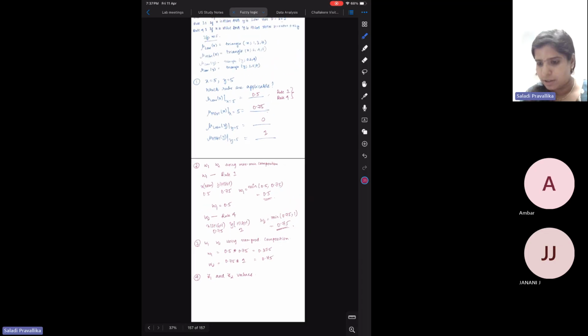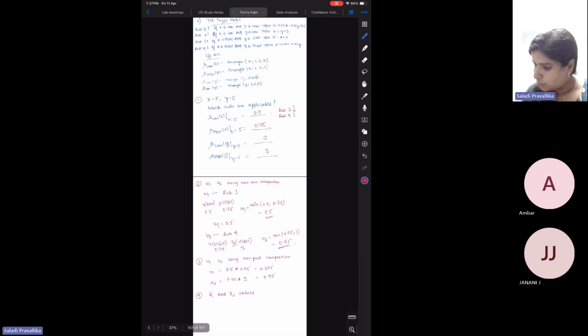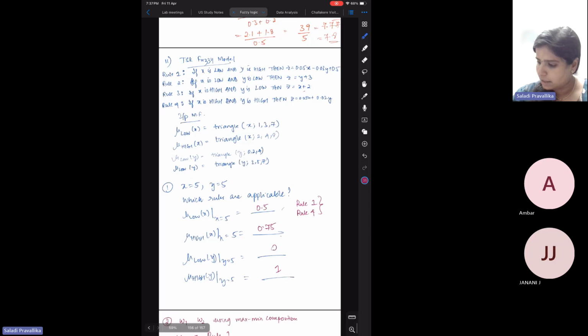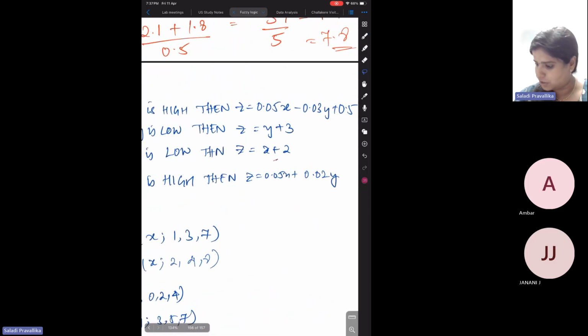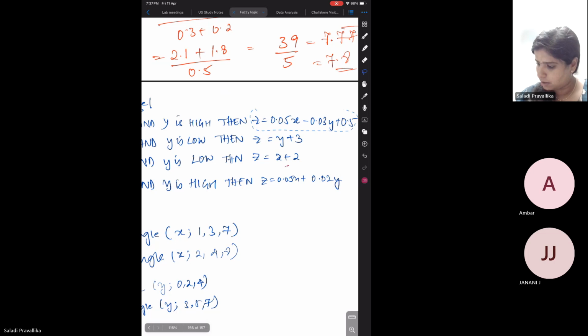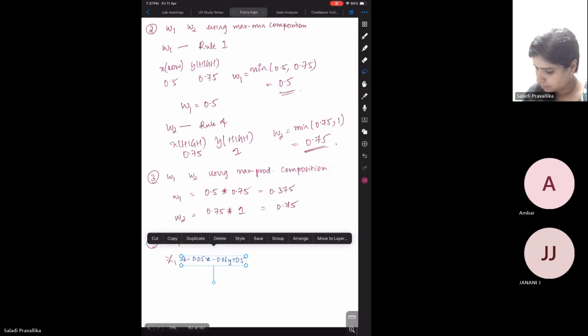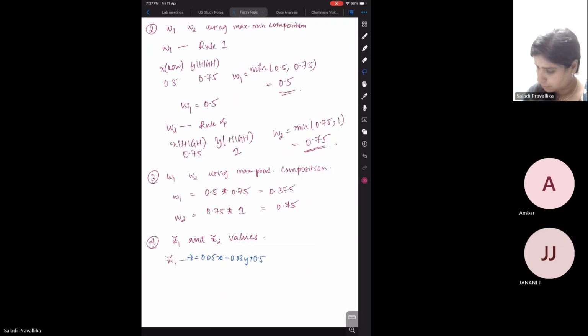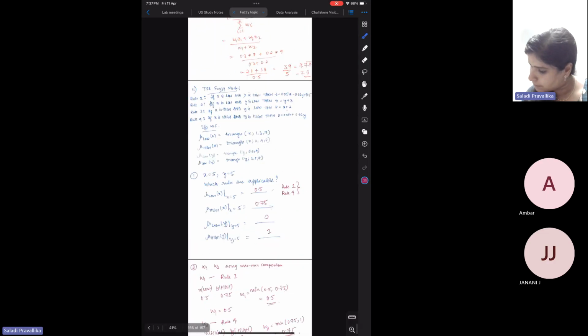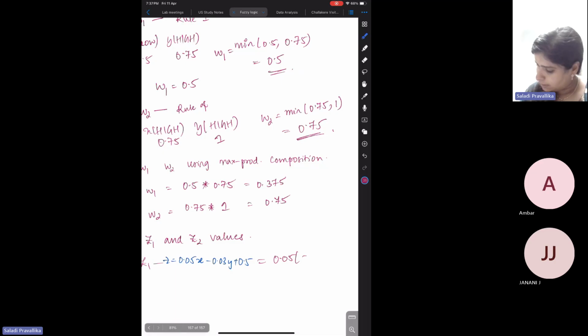Right. So let's look at how to do this. For Z1, which means it is following rule 1, let us take this function f of x comma y, which is equal to 0.05 into x, where x equal to 5, y equal to 5: 0.05 into 5 minus 0.03 into 5 plus 0.5.